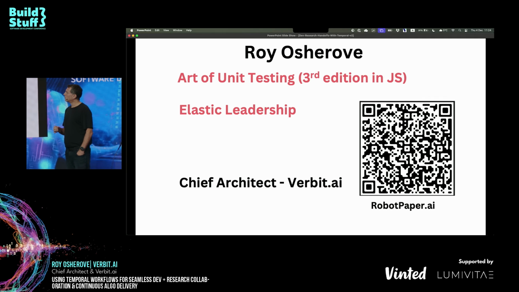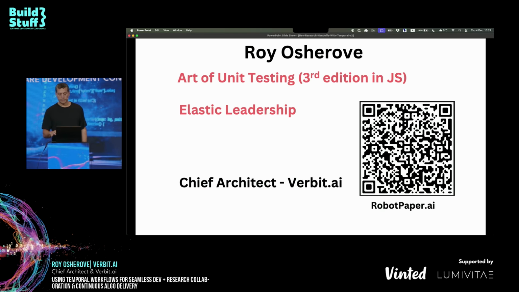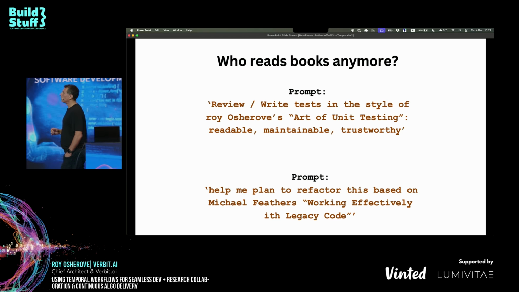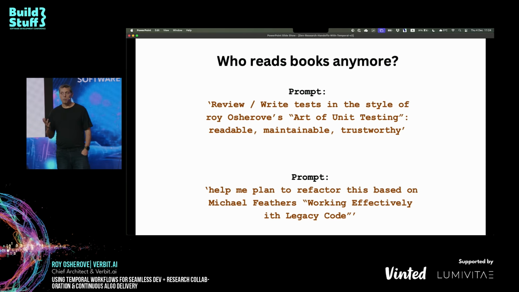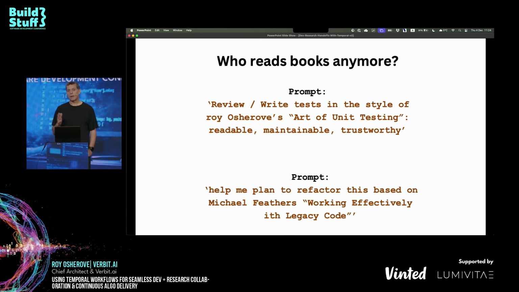I'll tell you the biggest benefit of writing a book today, because nobody really reads books anymore. They just ask ChatGPT. However, most AI agents, AI models today have been trained on our books. I'm not sure if it's legally or illegally, but they've been trained on them.